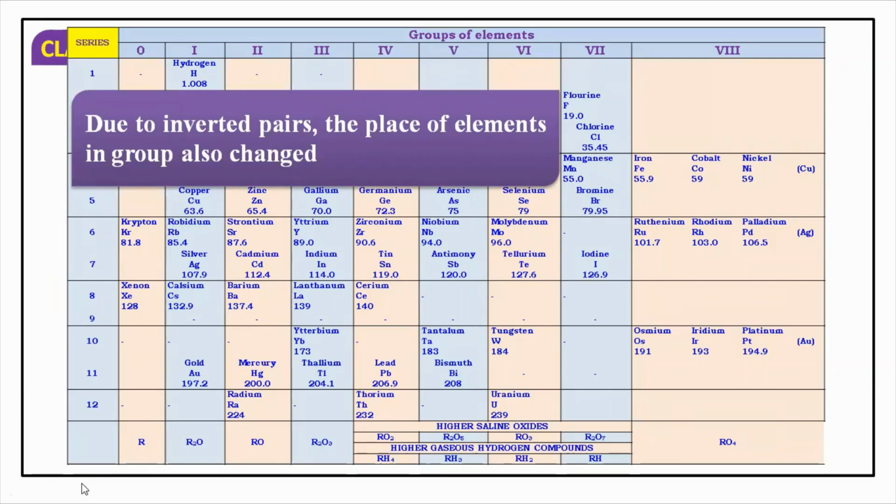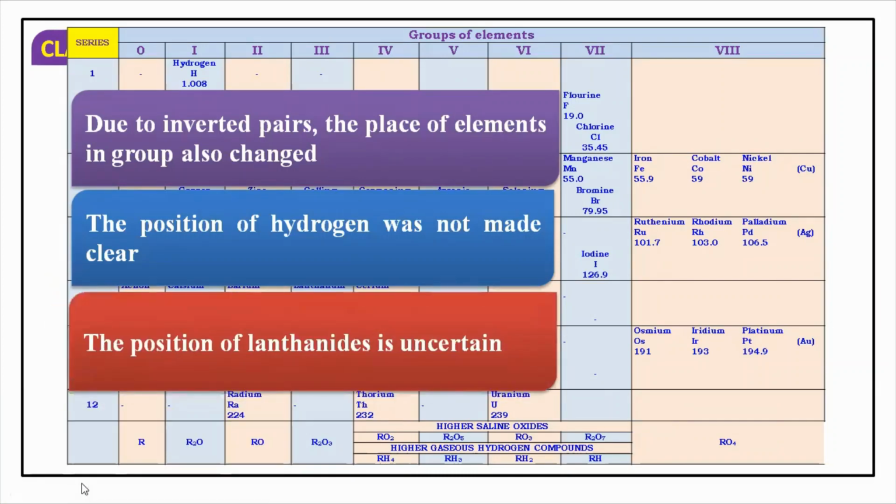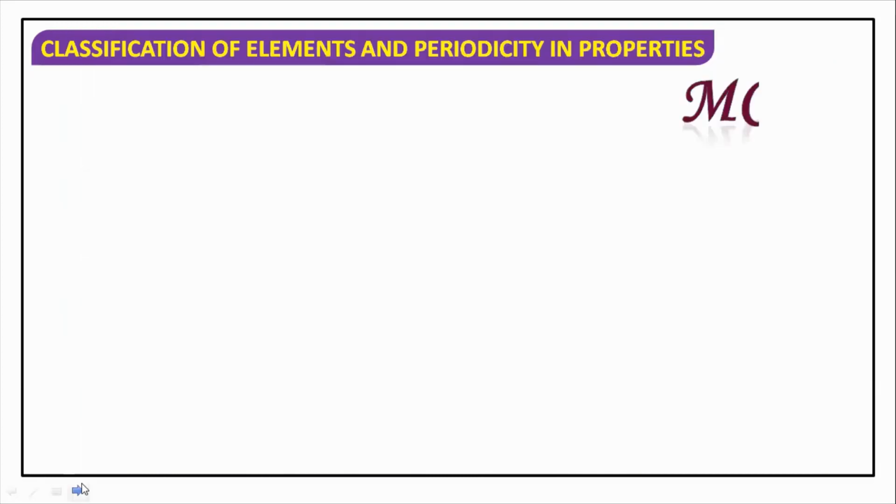So the place of elements in groups also changed. तो क्योंकि atomic weight के basis पे किया था तो इनका group भी change हो गया, and position of hydrogen was not made clear. So at that time, hydrogen was having no specific position and lanthanoids were uncertain. Mendeleev was not knowing about lanthanoids कि उनको कहाँ पे डाला जाए. So ये सब क्या हैं? ये सब Mendeleev के drawbacks हैं उनके काम के.